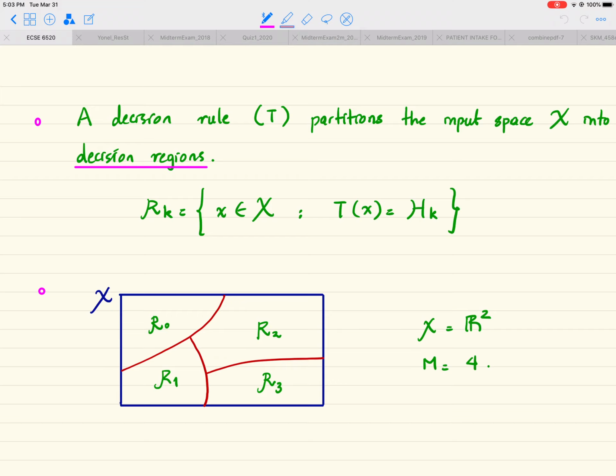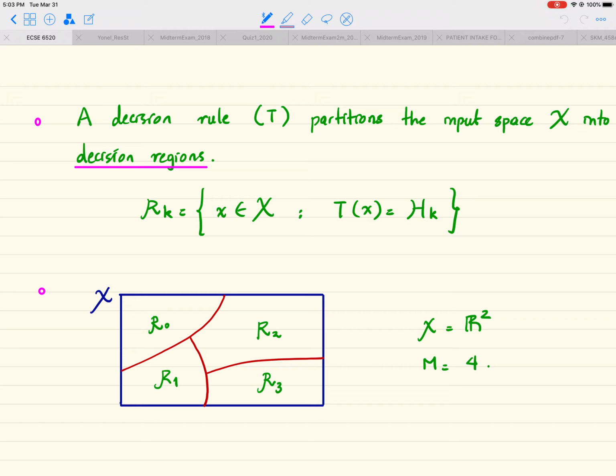Now, a decision rule is going to partition our observation space into decision regions. Okay, so given our decision rule or test function, we are going to define m different regions in our sample space for m different hypotheses.